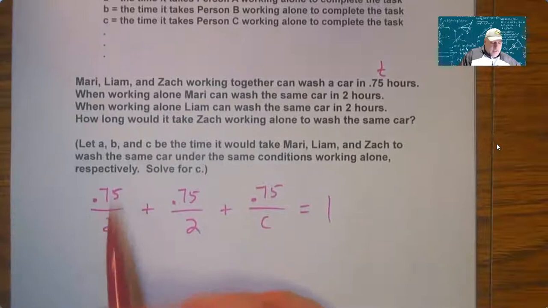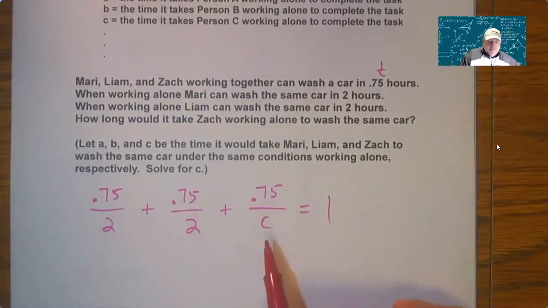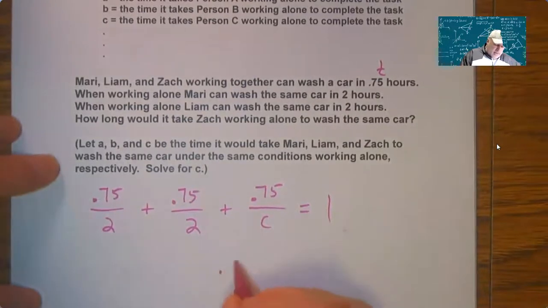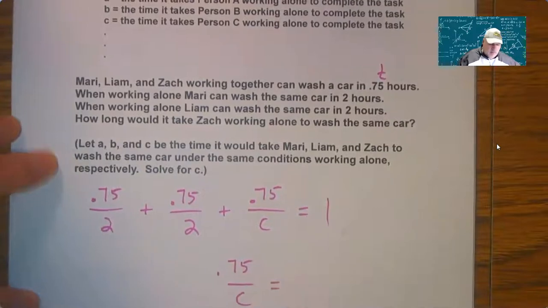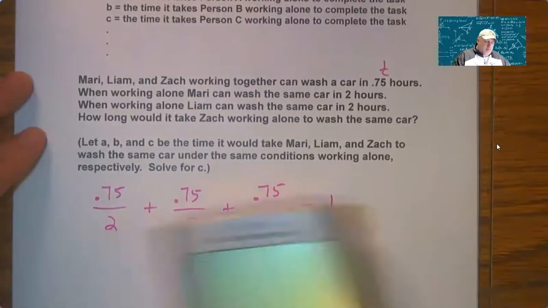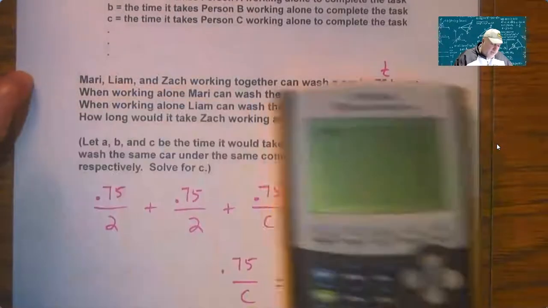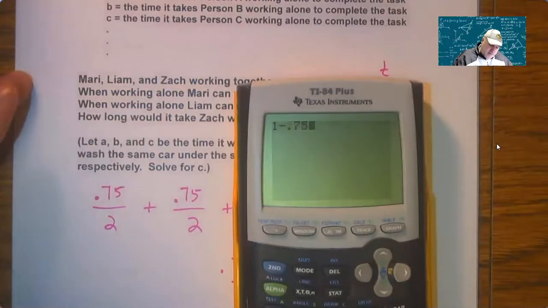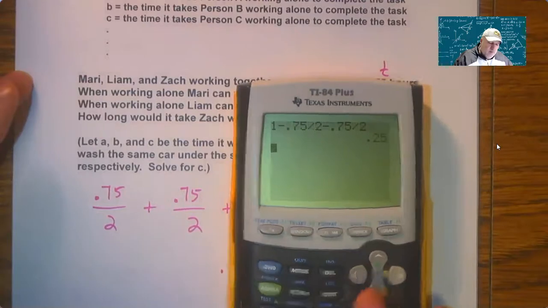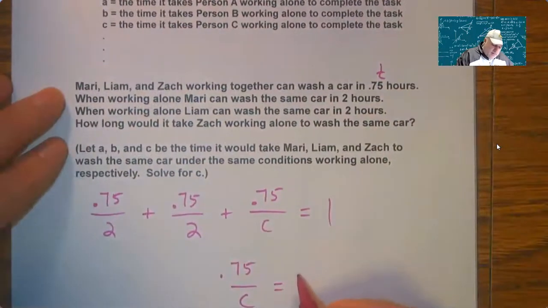So this is how long it takes, or the portion of the job that each does to make the whole job. So how would you solve something like this? Well, you need to get this equal to the number that's on the right by subtracting both of those over. So 1 minus 0.75 over 2 minus 0.75 over 2. Okay, so 0.25 if you want.